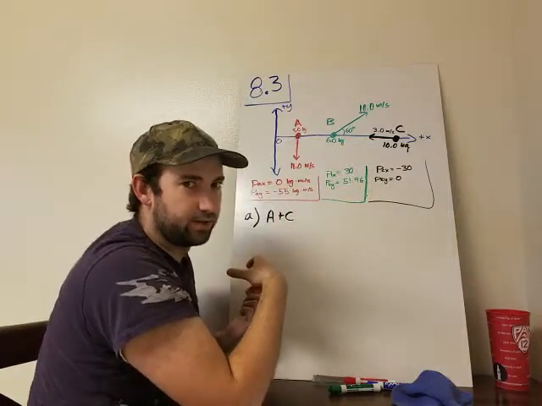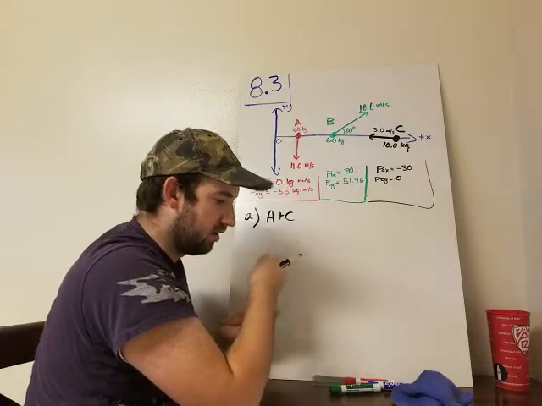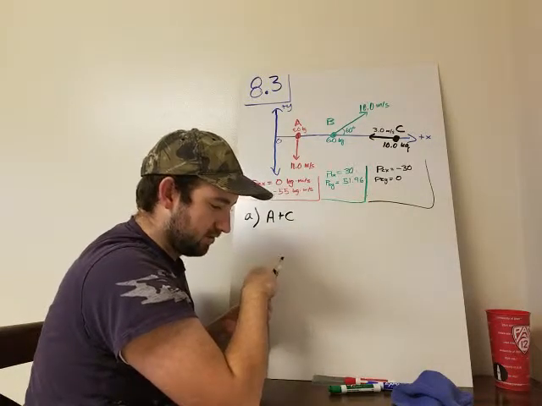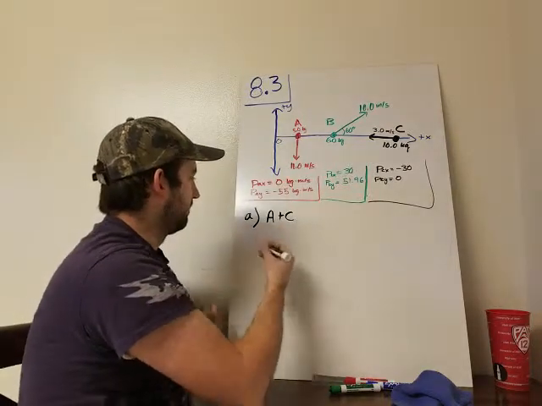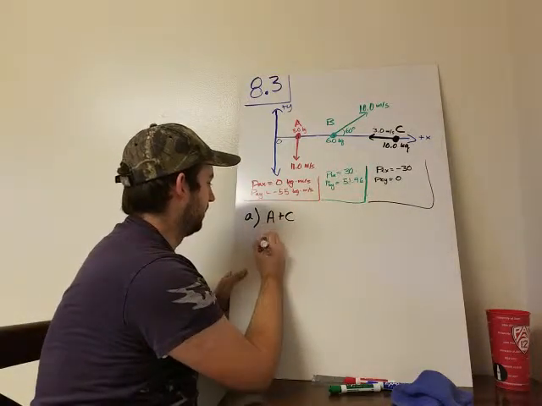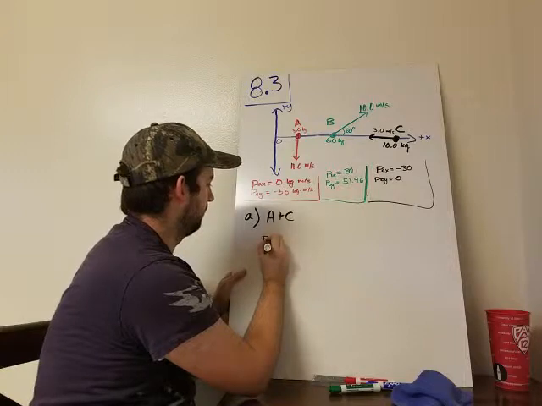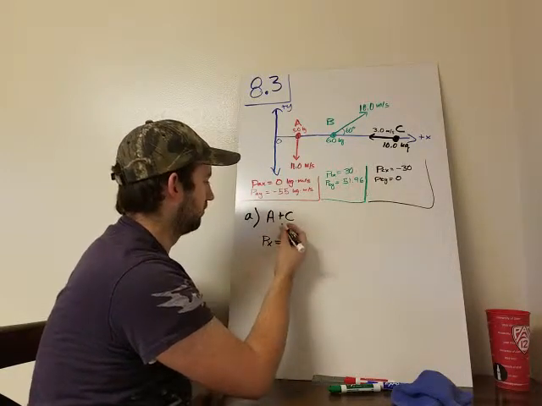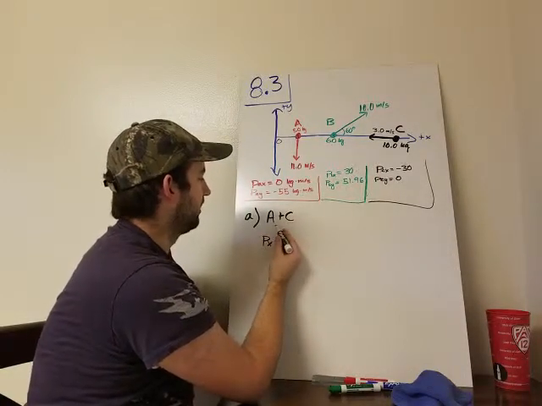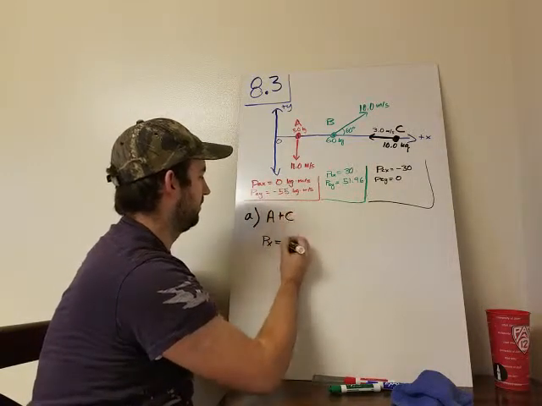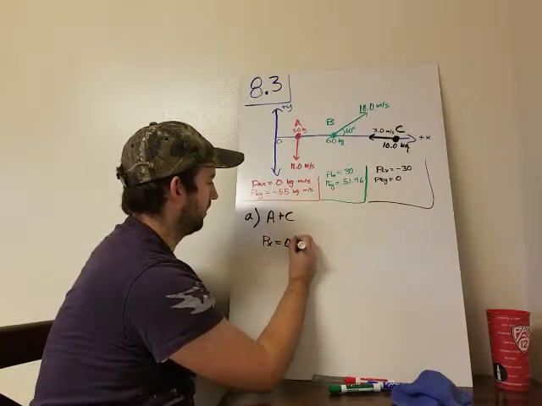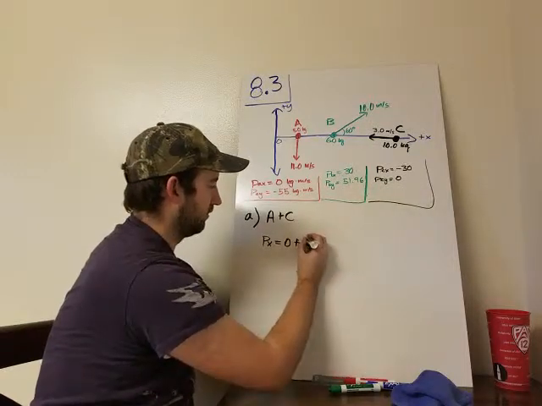We just add them together because it wants the net momentum. So for the x component, P x equals the A x component, which is 0, plus the C component, which is negative 30.